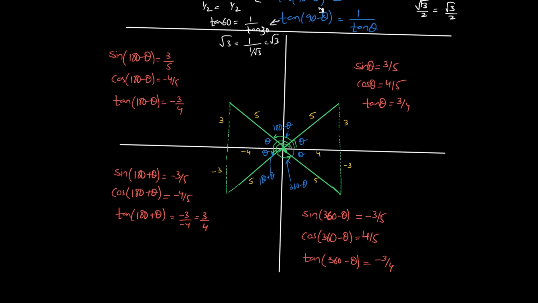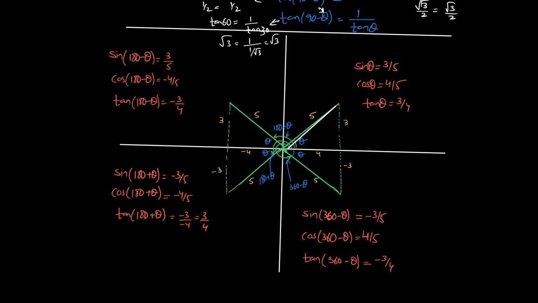Okay, now let's have a discussion about general angles. If I say that I have a triangle being formed in the first quadrant, meaning theta is positive, so my triangle would be formed in the first quadrant, and let's say the ratios are 3 and 4.